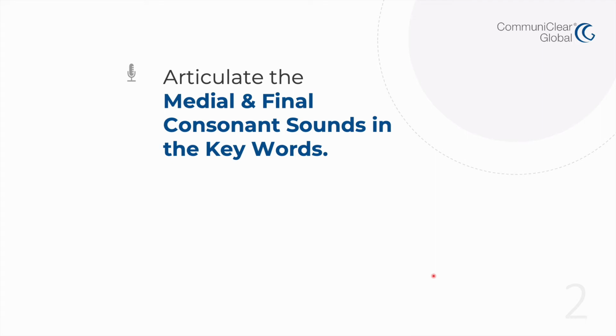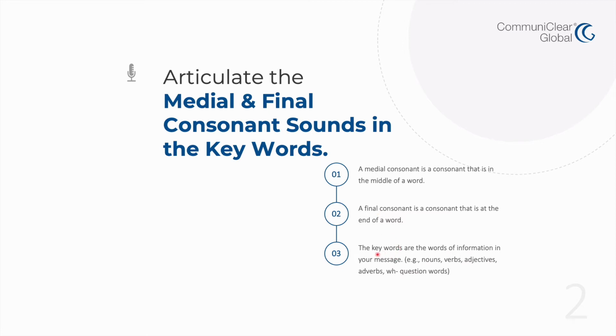And what I'd like to do is break this down a bit. So a medial consonant is a consonant that's in the middle of the word, like the D in medial, okay? A final consonant is a consonant that's at the end of the word, like the L in final, okay? The key words are the words of information in your message, that which you want to make sure your audience can catch or can hear.